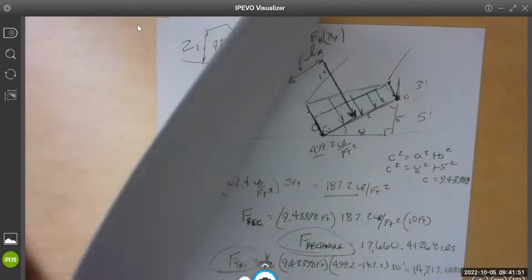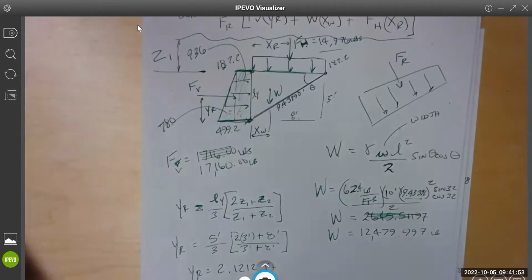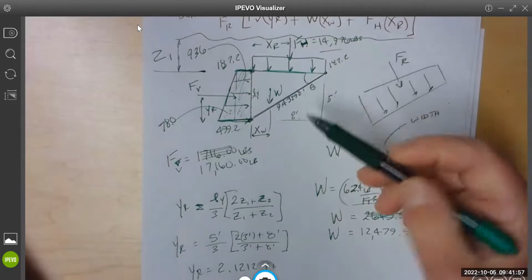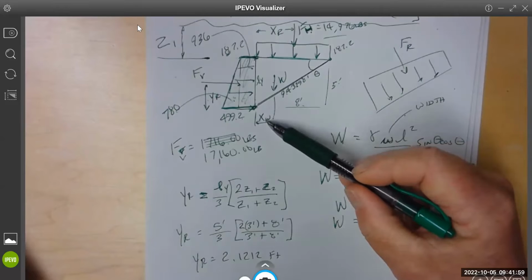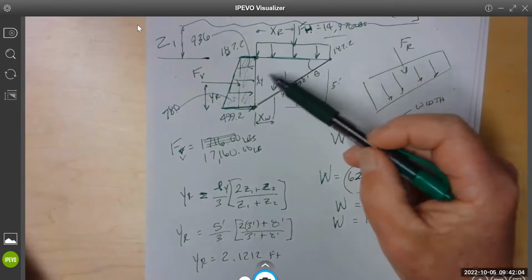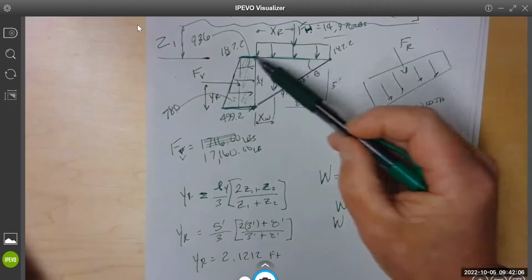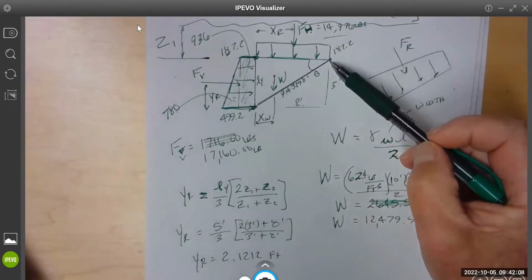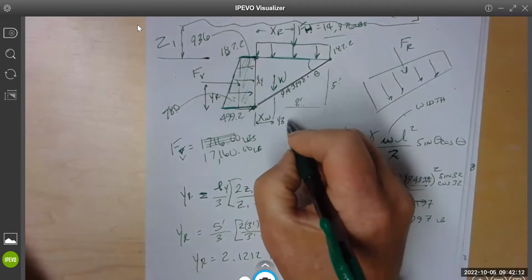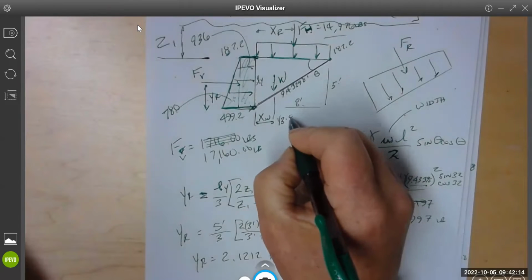We have X of W. Well, we can get it. It's this distance X sub W. Wait, what is Z1? Okay. Well, then just do 1/3 of the 8, right? Yeah, this is going to be 1/3 of this distance. So this is 1/3 times 8.